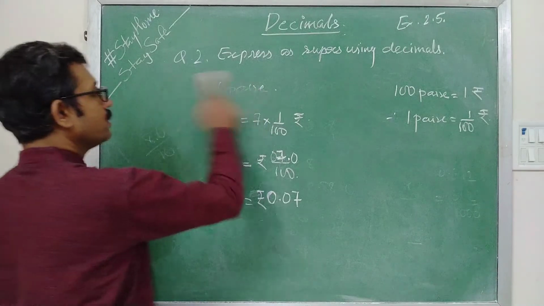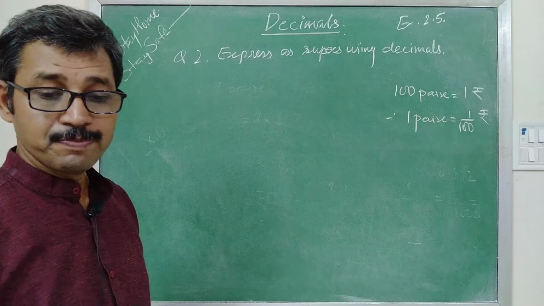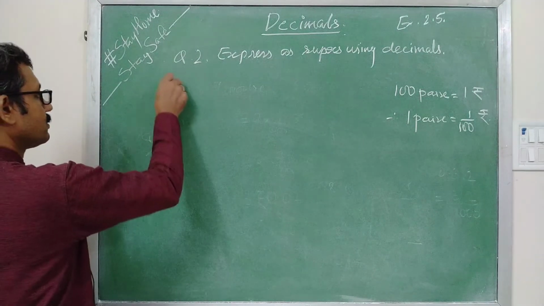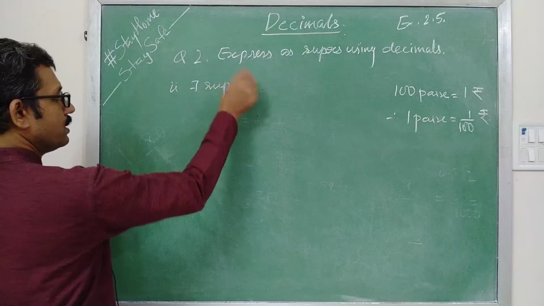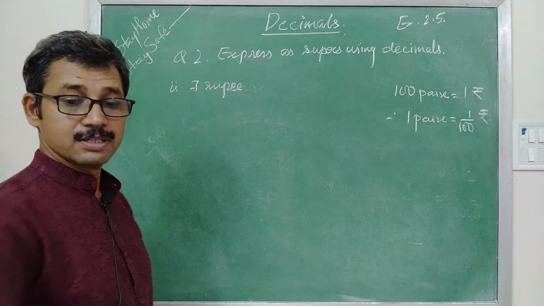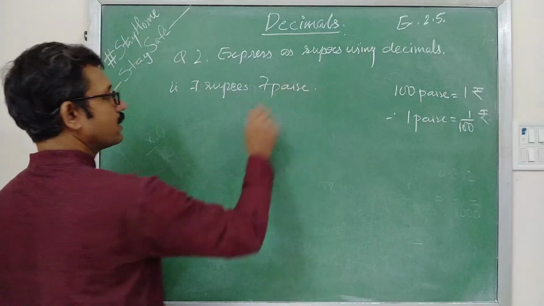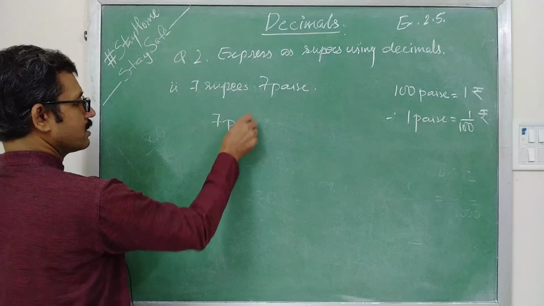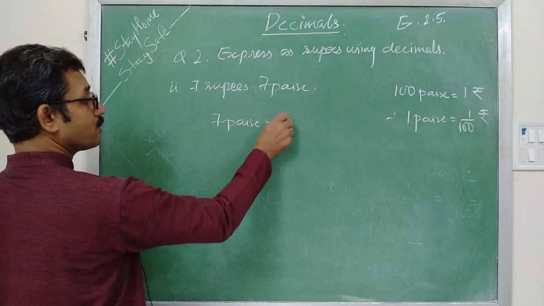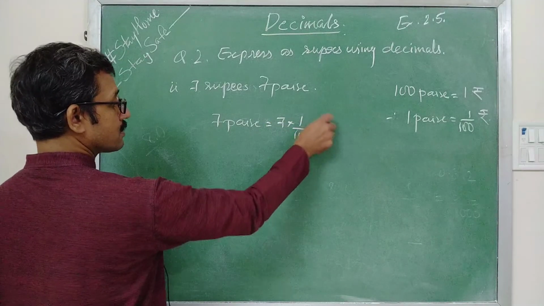Now the next one, the second one. 7 rupees and 7 paise. Now here we can say that 7 paise means 7 into 1 upon 100 rupees.